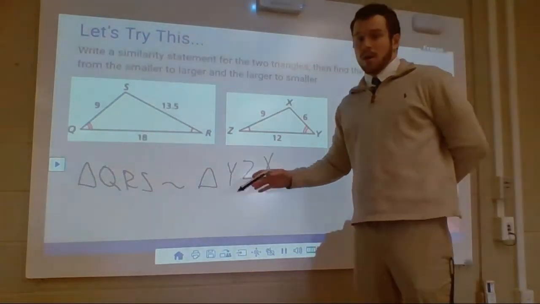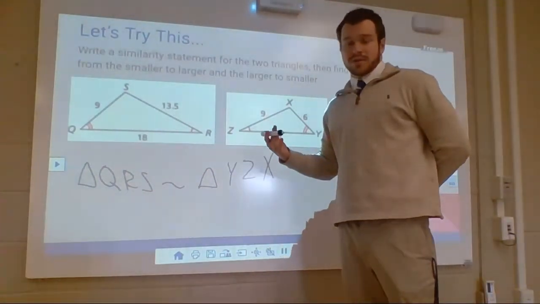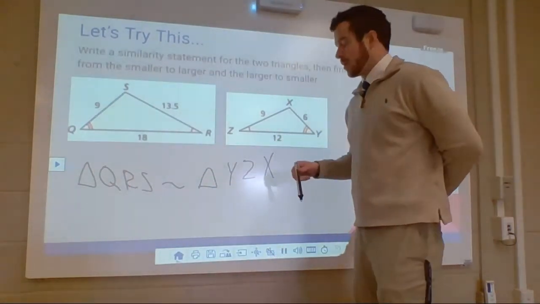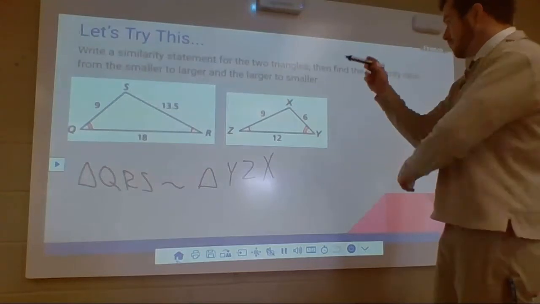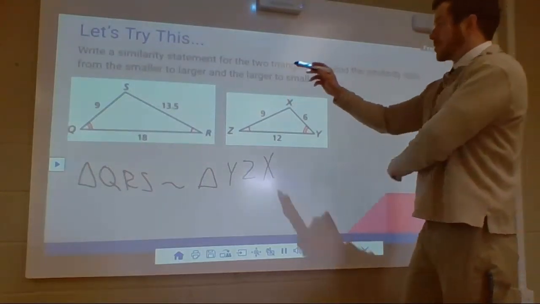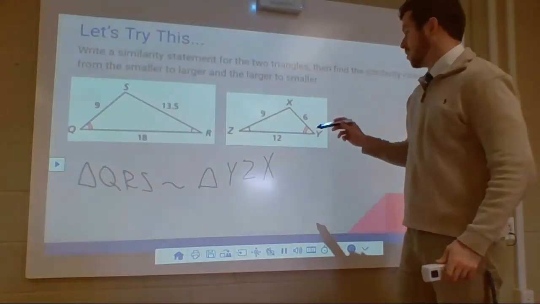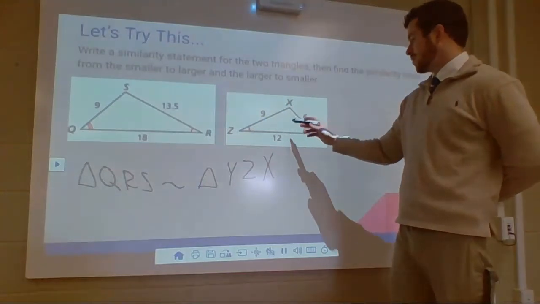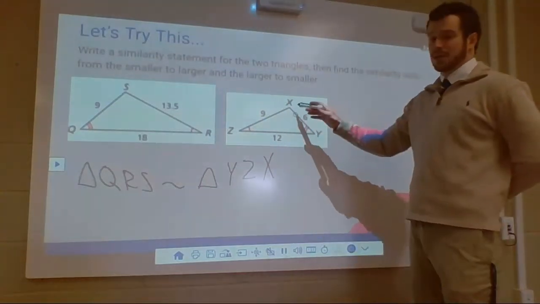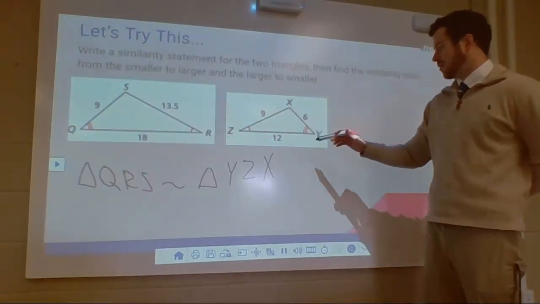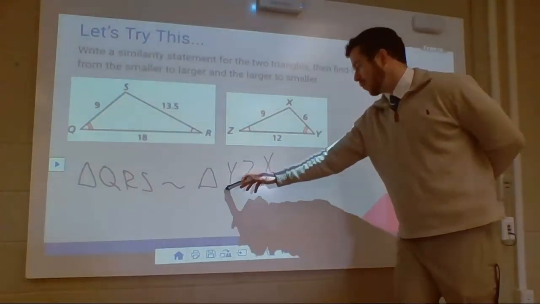So remember, think back to when we did congruent statements. The corresponding parts had to match up. It's the same thing for similarity statements, okay? So now we want to find the similarity ratio from the smaller to the larger and the larger to the smaller. Well, the smaller to the larger, we're going to start here with triangle YZX. So all I need to do is look at one of the sides. I'm just going to pick side XY.